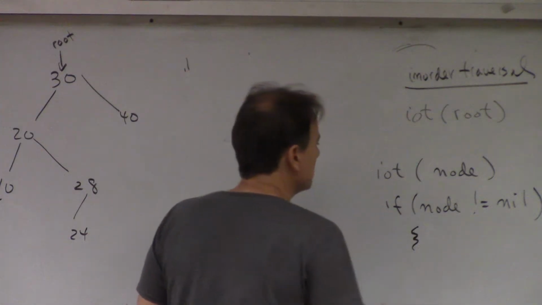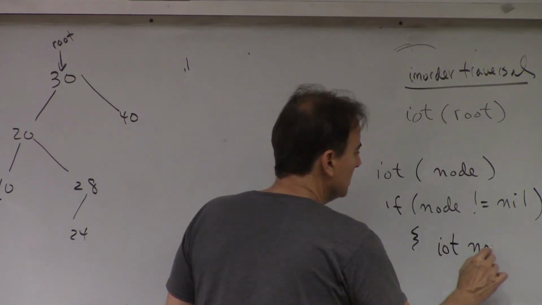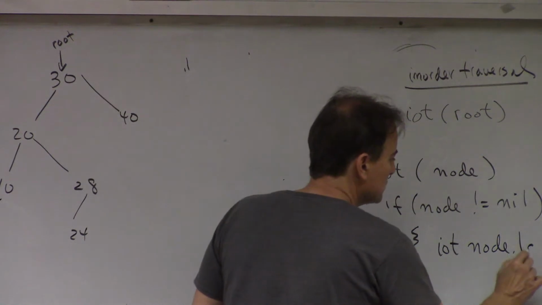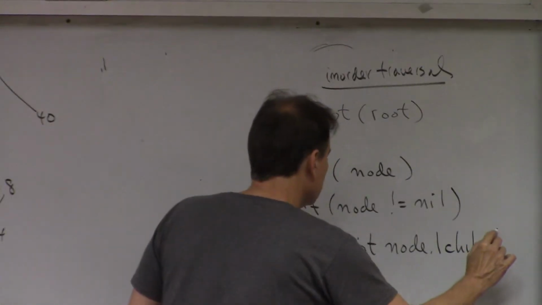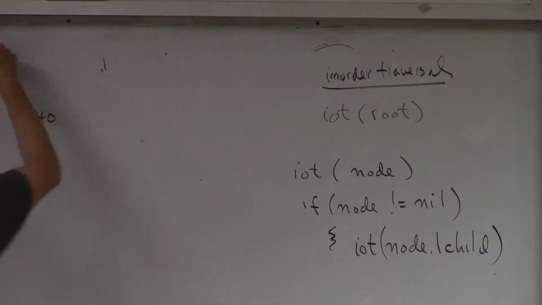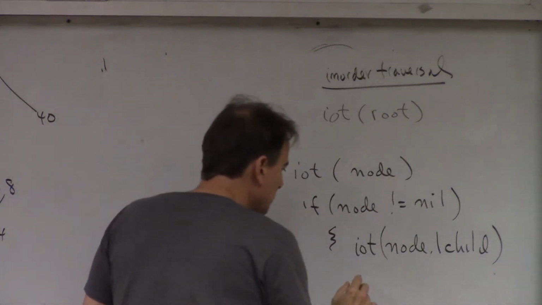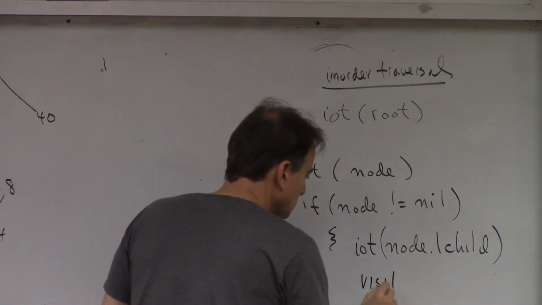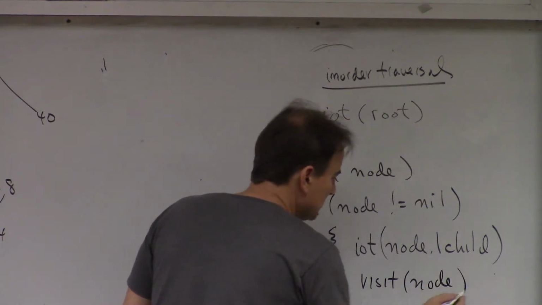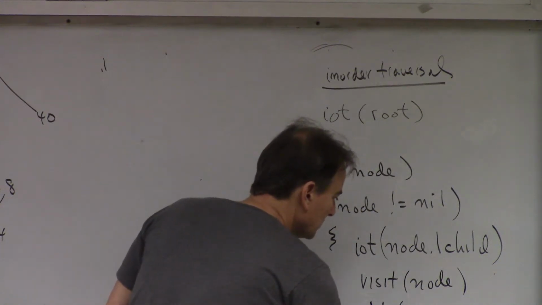If that's the case, we go in order traversal with node, and we're going to say the left child. The left child is the node to the left. So if the root comes in, since the root is not nil, we're going to go IoT with the left child, recursively. Then we're going to visit the node, and that could mean just print it, do something with it. And then we're going to do in order traversal node right child.